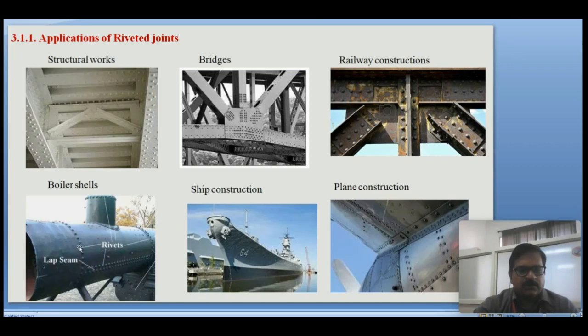In the boiler shell also, this is the circumferential joint to make the required length, and this is the longitudinal joint to make the required diameter. So these are the various applications of the riveted joints, and also they are used in ship construction, and in plane construction also the riveted joints are used.